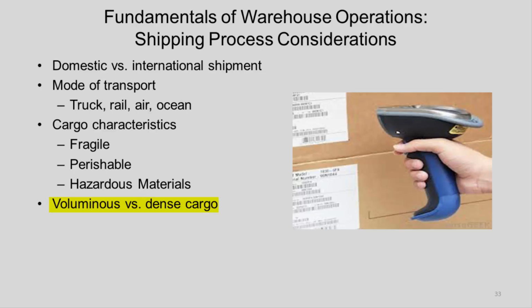And if it is voluminous and fragile, how do we build containers? How do we load trucks? How do we prepare air freight shipments to make the most use of the space and weight limitations of the mode of transport without damaging the merchandise? So all of these factors go into our shipping process considerations.